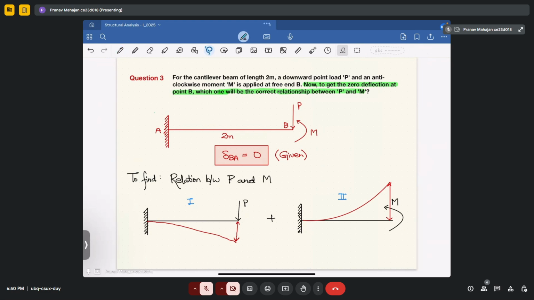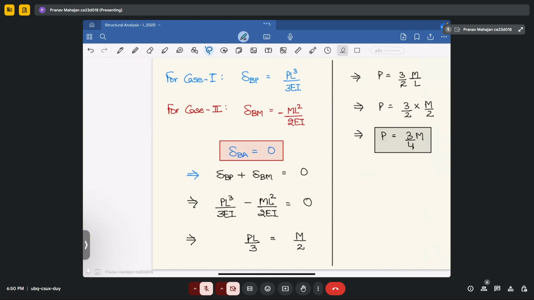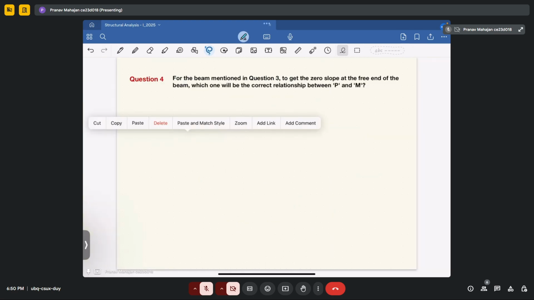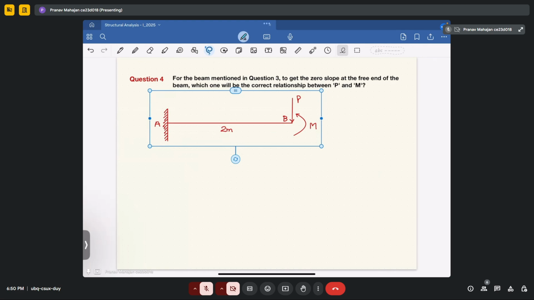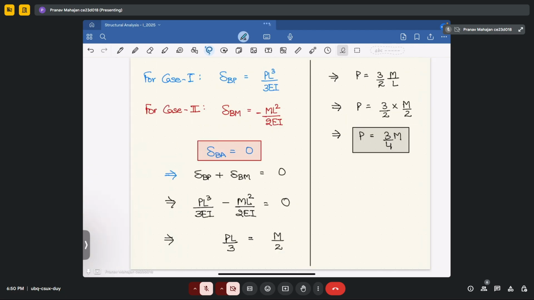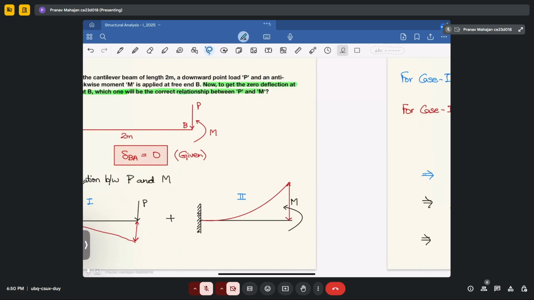So let me copy this beam. If the same beam is there and you have to determine the slope at end A and B, I will copy this also.